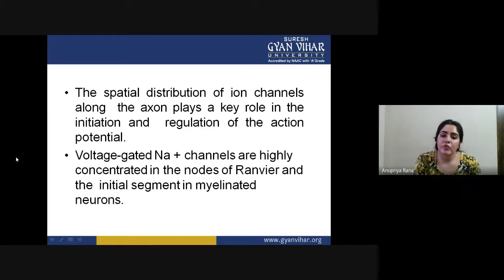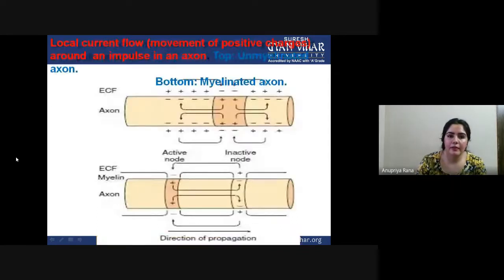Voltage-gated sodium channels are highly concentrated at the nodes of Ranvier and the initial segment in myelinated neurons. So they are present abundantly at the nodes of Ranvier in the axon and the initial segment of myelinated neurons.